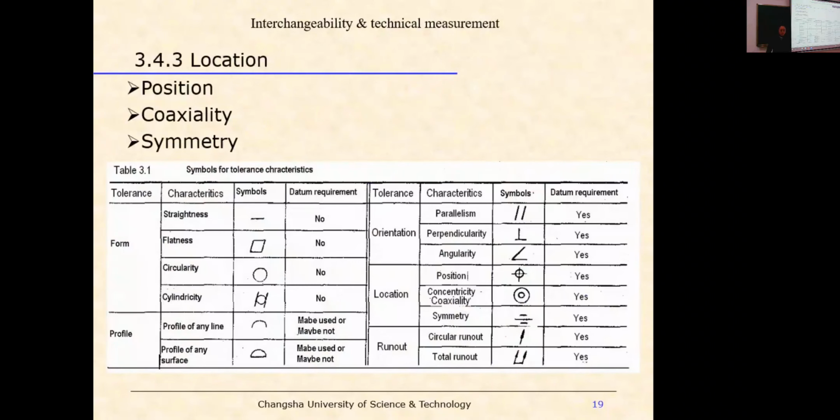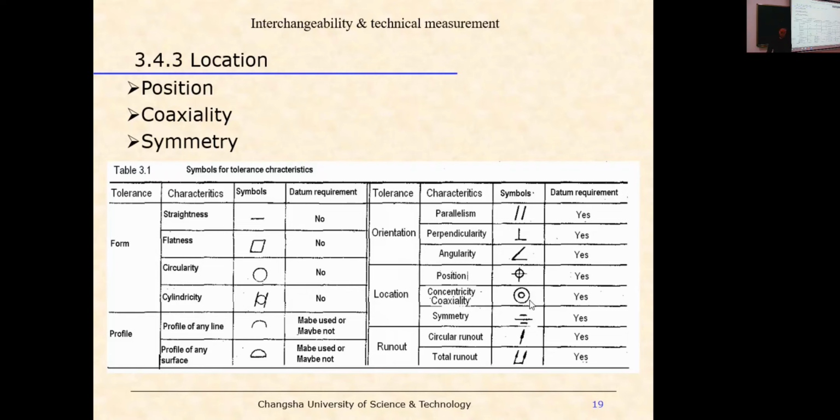The location tolerance, that is orientation tolerance, is parallel and perpendicular and so on. So the location is the position, coaxiality, and symmetry. Right, symmetry is location. This is position. This is the symbol, right?